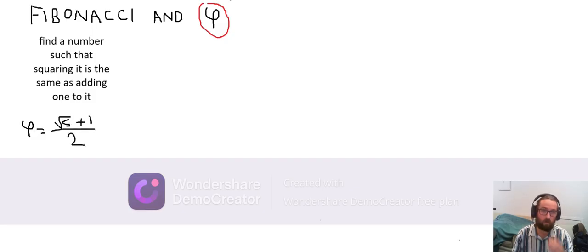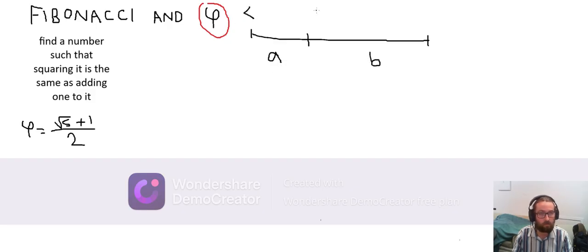Alright, I've got another question now. Imagine I have a line, and one section of the line has length A, and the other section has length B, which means obviously that the entire line's length is going to be A plus B. And let's say, for example, that instead of A, I'm just going to call it 1.